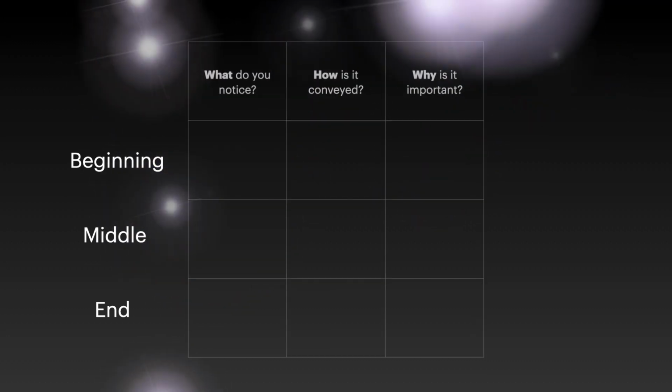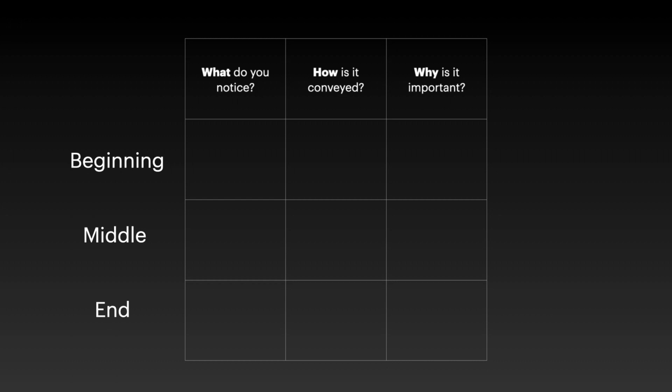But what we can do with this beginning, middle, and end is put it into the what, how, and why questions. And this is the 3x3 sheet that you got that was attached to yesterday's assignment, and that you could decide to use on the actual day of the test.